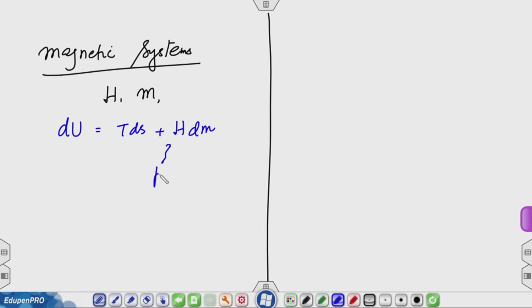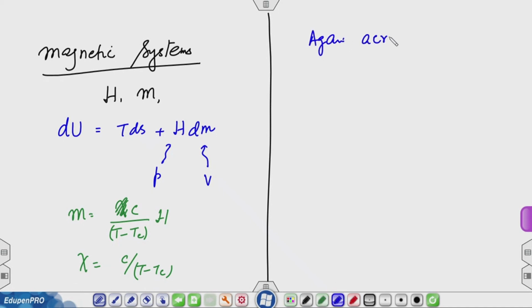This takes on the role of pressure, this takes on the role of volume, and the M is chi times H. Chi is C over T minus Tc, some constant C. So, again, across T equals Tc, there is a phase transition.